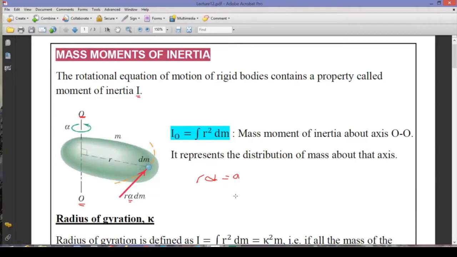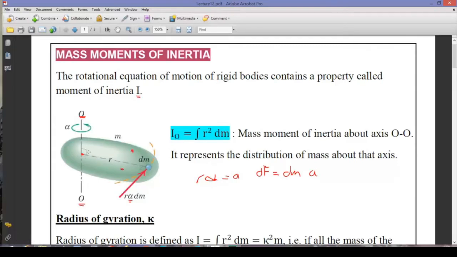And now if we remember our F equals ma case, now m is dm times a in this case, and that would be equal to the force acting on this mass. Now, if we're going to talk about the moment about this axis, or you can say about this point for this specific mass, but we are considering this axis, so there could be masses at different locations.